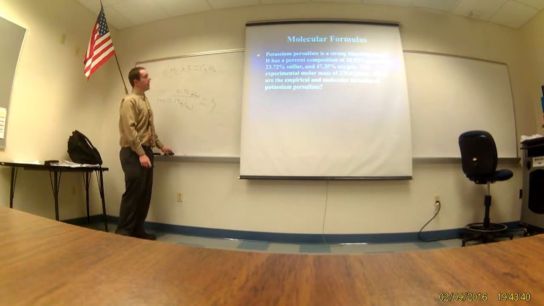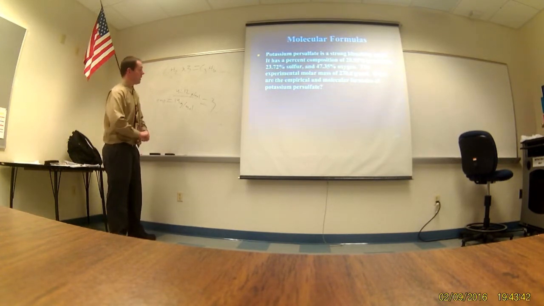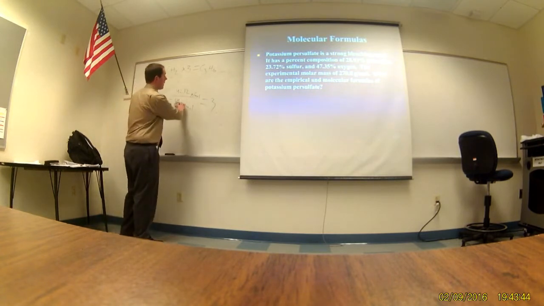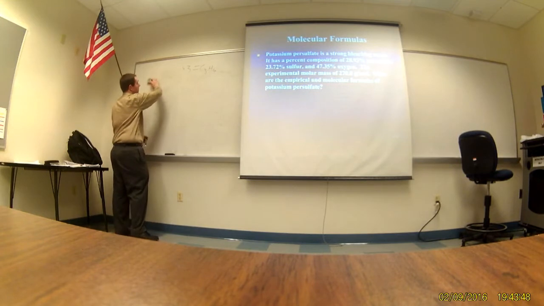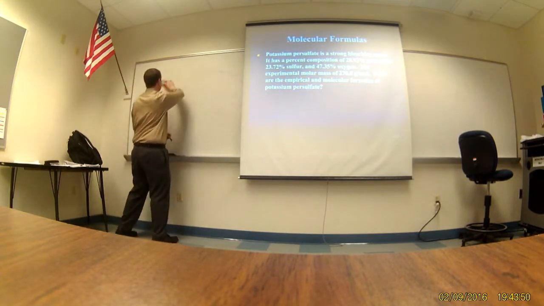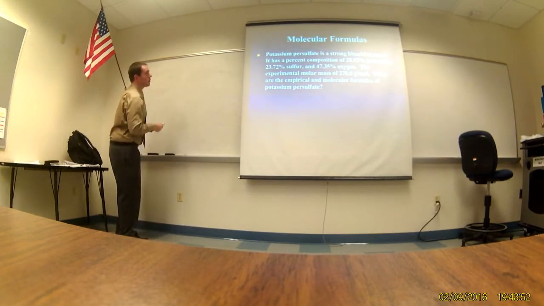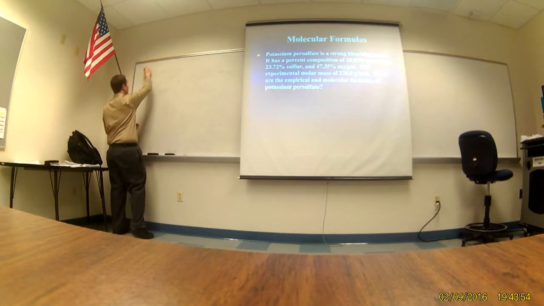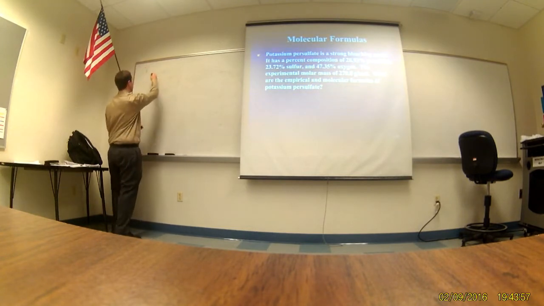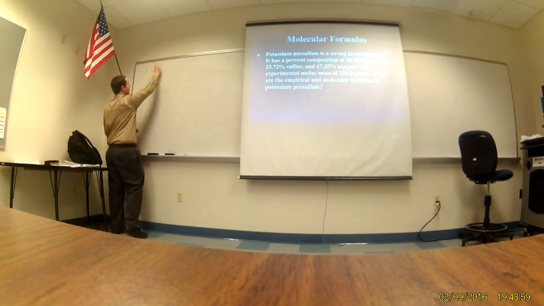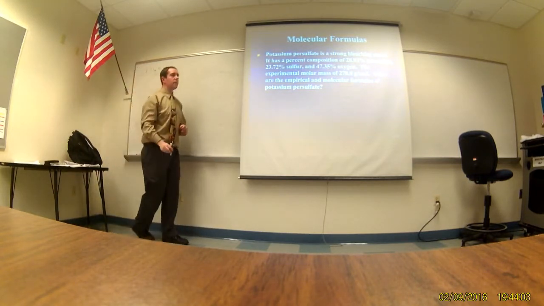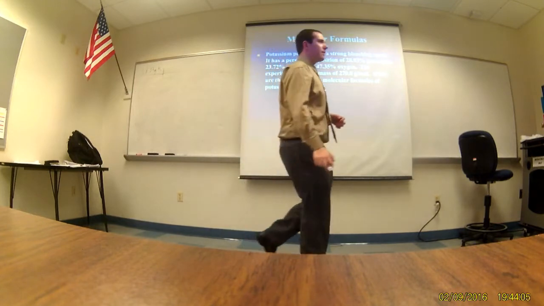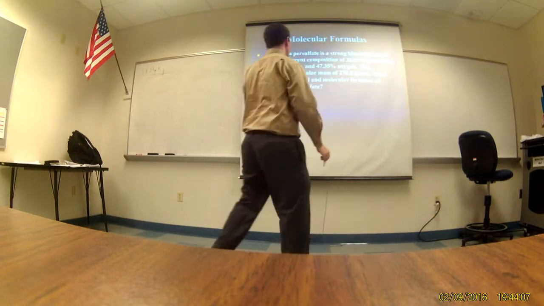Here's another one, potassium persulfate. We have percent composition, not an empirical formula. So we're going to have to use our percent composition to find the empirical formula. So we've got 28.93 grams of potassium. Potassium is what? 39.1.